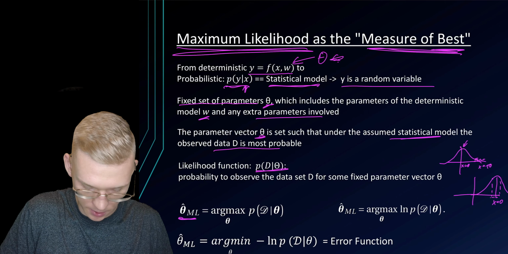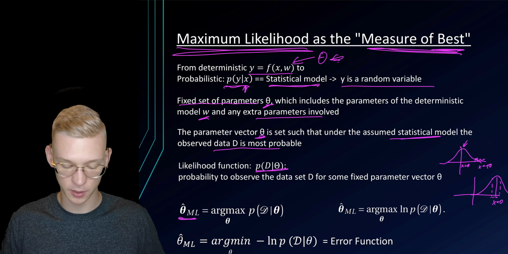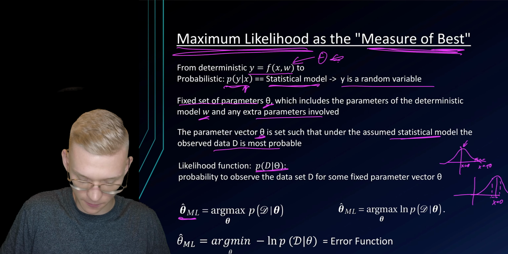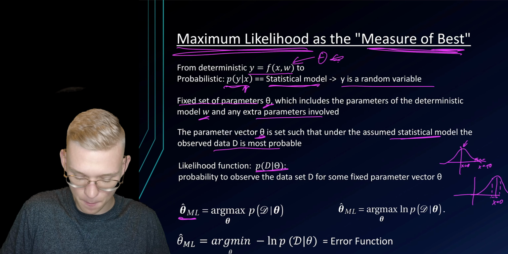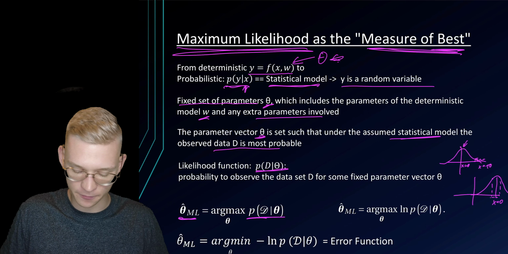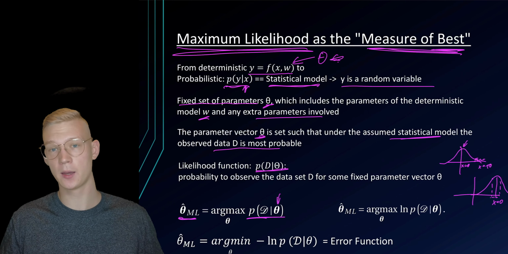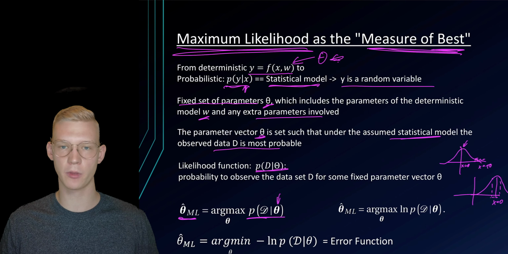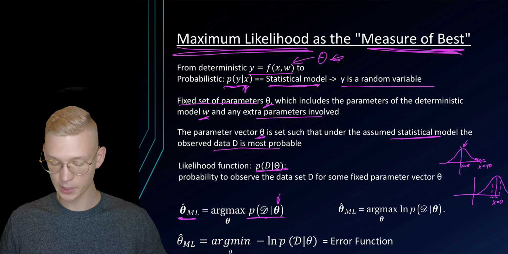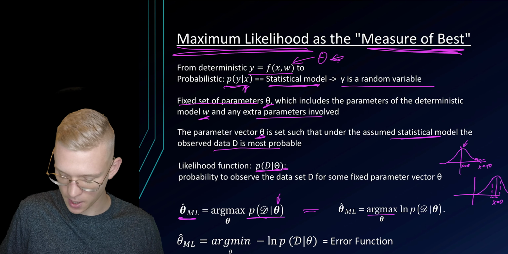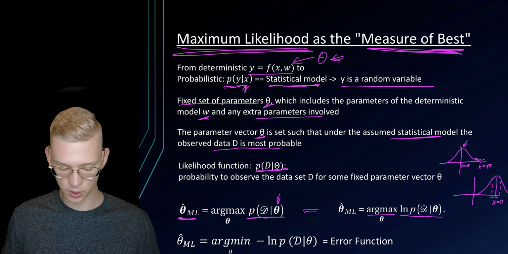So theta ML, not for machine learning, but for maximum likelihood, is the vector that maximizes our probability of data given our theta. We can add a logarithm because a logarithm is a monotonically increasing function. So this is equal to the argmax of the ln of the likelihood function.